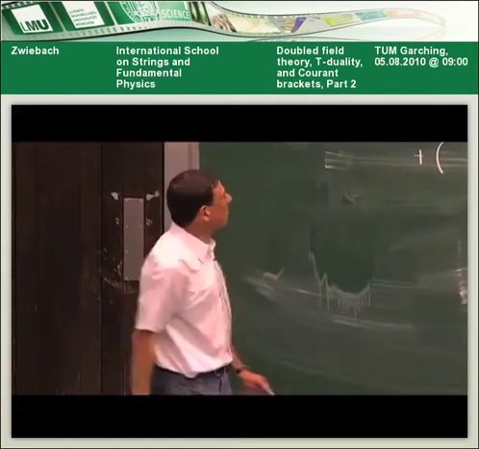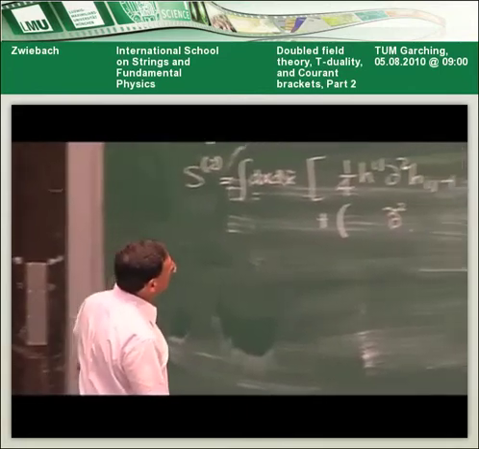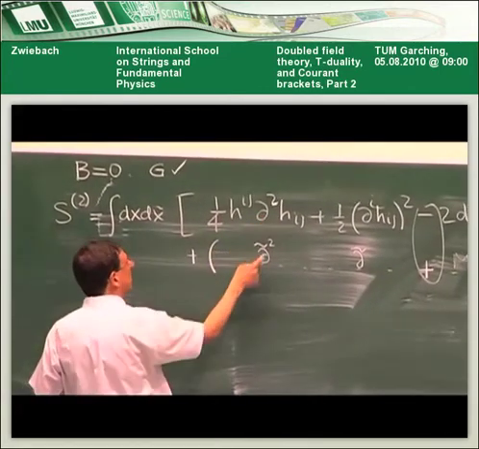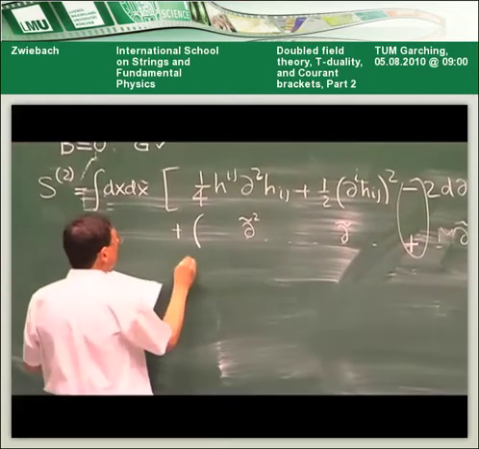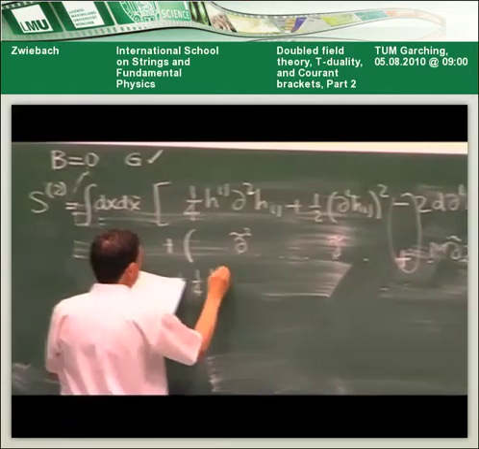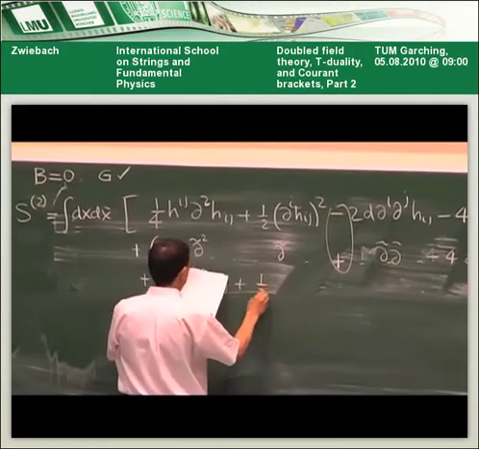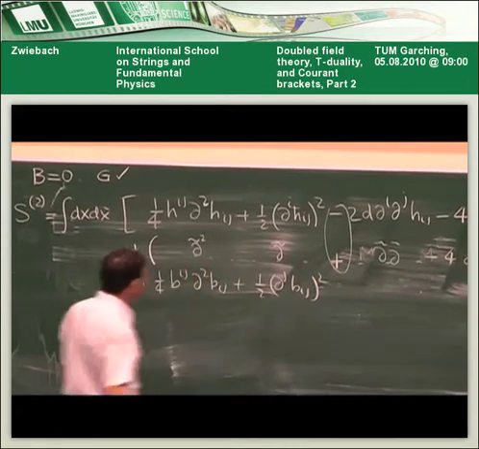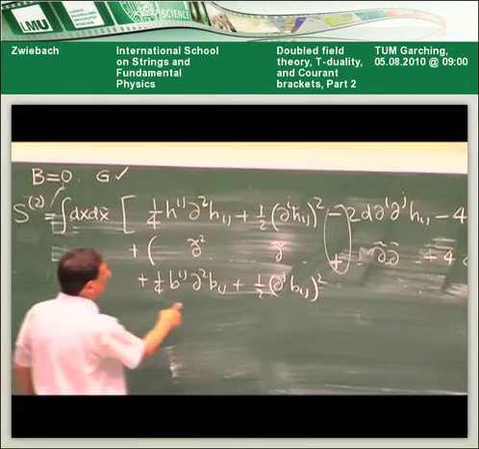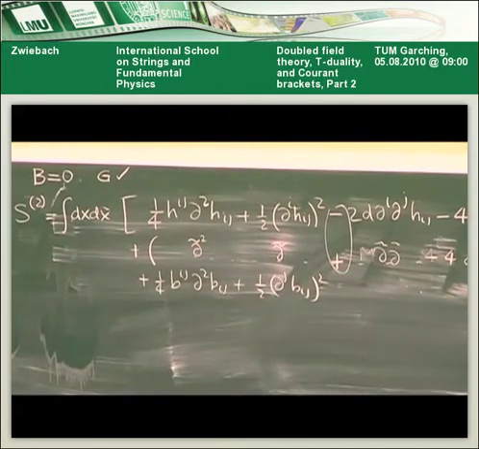That's something you would expect because of duality invariance. Some people might say these are the coordinates, some people say these are the coordinates. And then you get 1/4 b_ij d squared b_ij plus 1/2 (d_j b_ij) squared. This is coming from H squared.